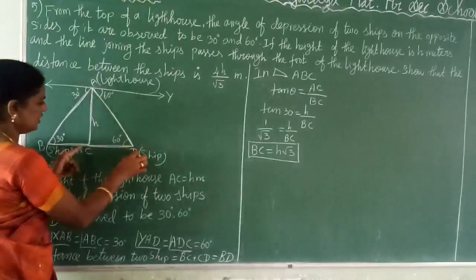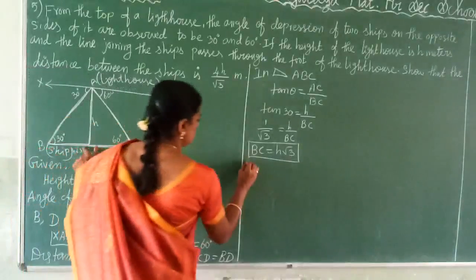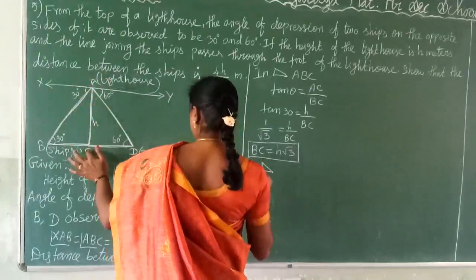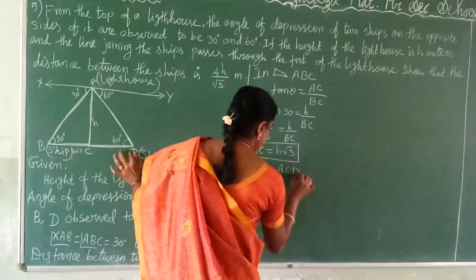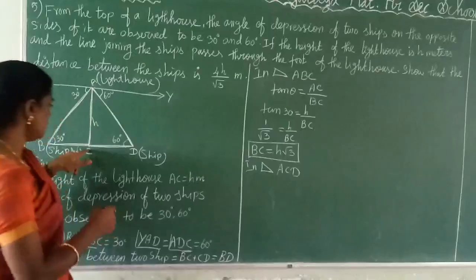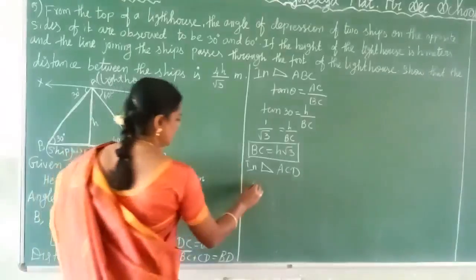In the same way, using this right angle triangle, you have to find CD. So write in right angle triangle ACD, with the same theta, the opposite is AC and this one is the adjacent. Opposite and adjacent means tan theta.